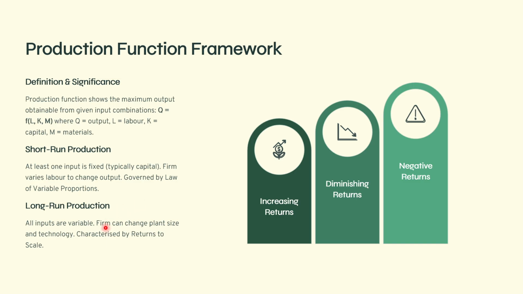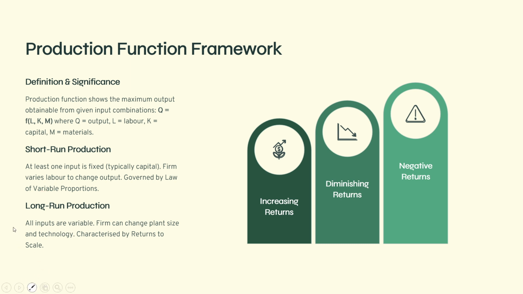So long run production: all inputs are variable. Firms can change plant size and technology, characterized by returns to scale. So the production function framework has increasing returns, diminishing returns, negative returns. Let me give you one example.